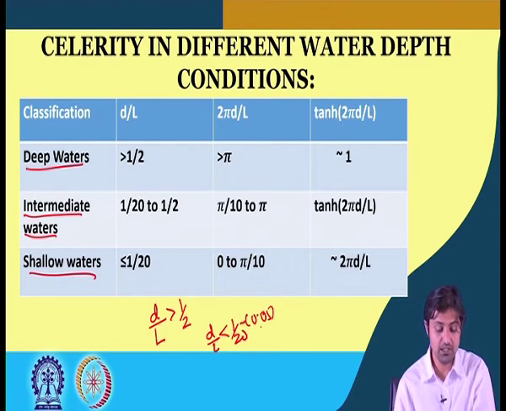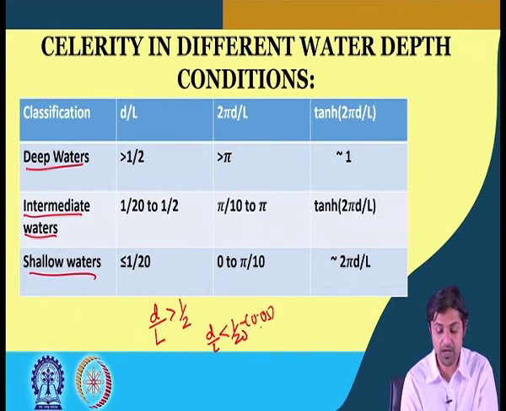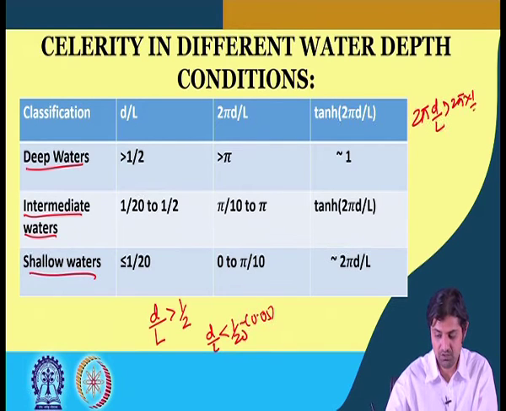In case of deep water, if d by L is greater than half, then 2 pi d by L will be greater than 2 pi into half, so greater than pi.